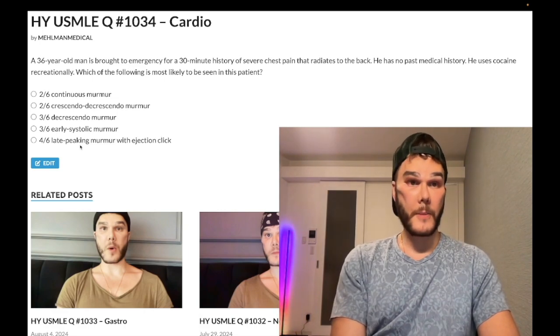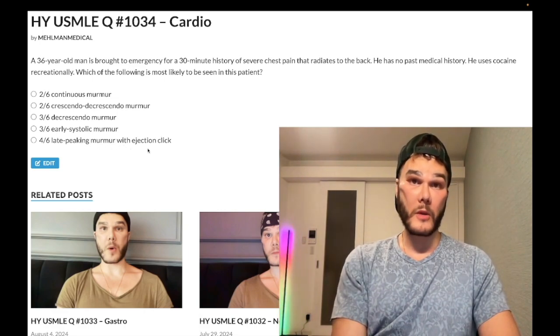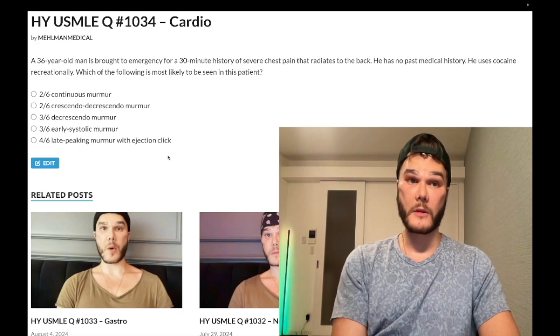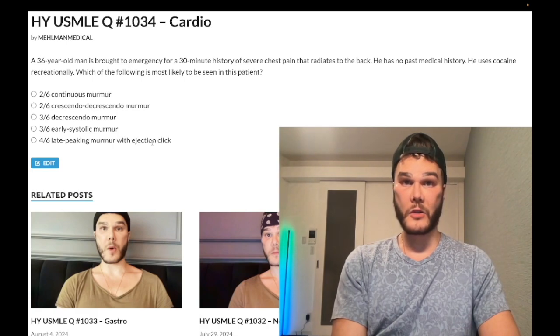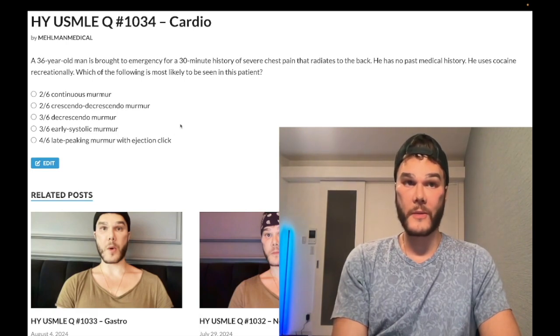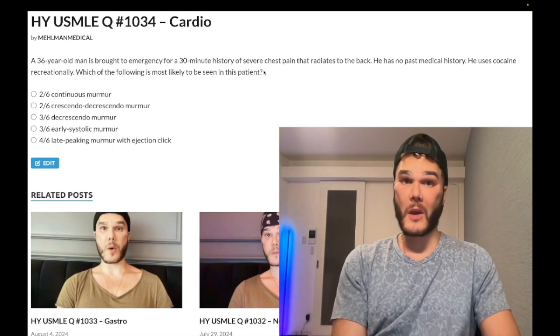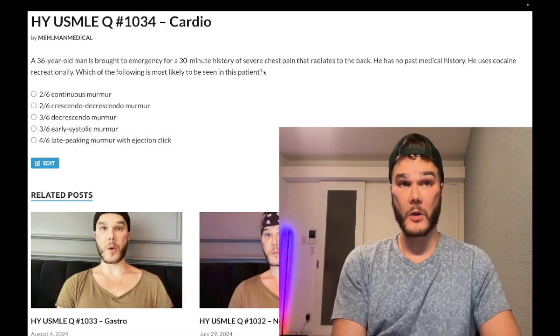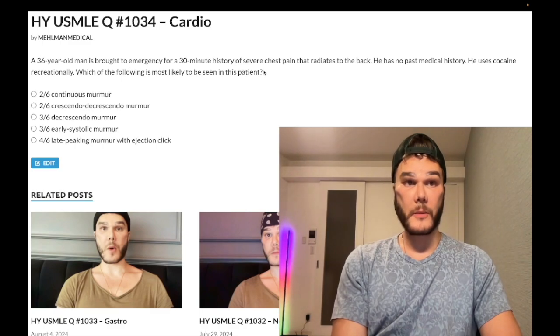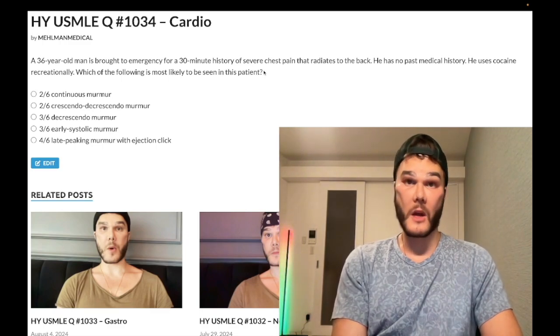Choice C, late peaking systolic murmur with ejection click, wrong answer, refers to aortic stenosis. Okay, so I threw this in here just to be a little tricky, even though not difficult, because some of you think, oh, if you have a patient, let's say, connective tissue disorders, myxomatous degeneration, Marfan syndrome, Ehlers-Danlos, you could have mitral valve prolapse, which is a mid-systolic click.